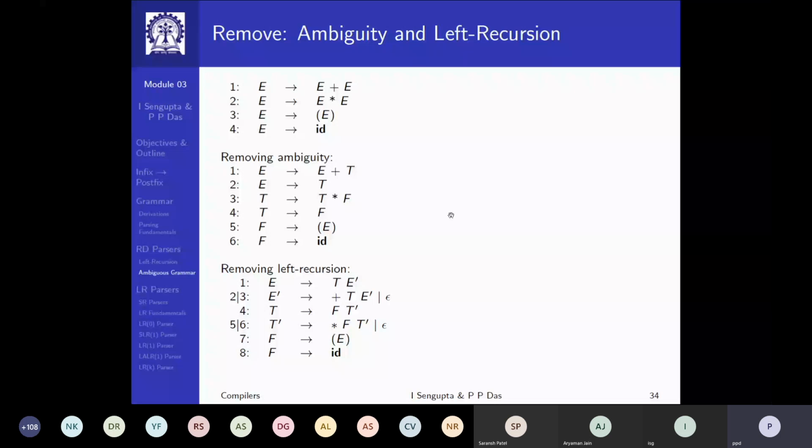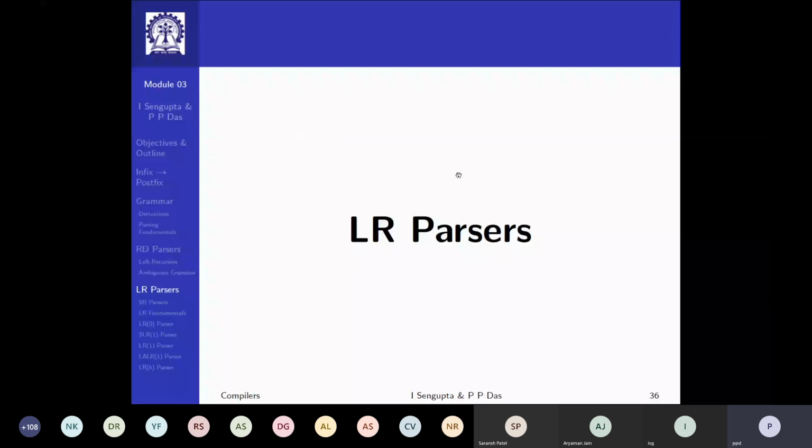Now, before I get into that, I just want to remind you that since you have done FLAT, you know that context-free grammars will have recognizers which are PDAs, right? Push down automata. So when we did the lexical analyzer, we were able to express our specification in terms of regular expressions or regular grammar.